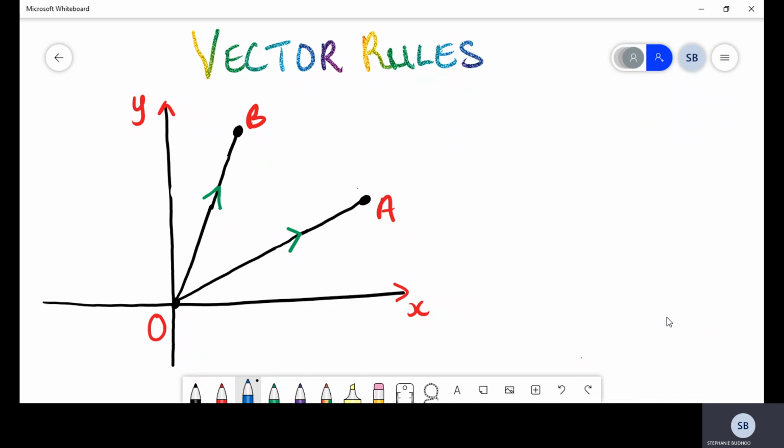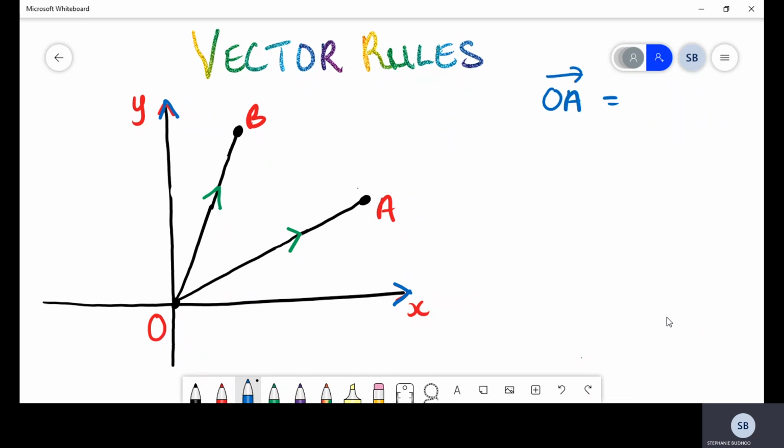On screen, I have a typical Cartesian plane. We have our lovely x-axis and our lovely y-axis. We also have two straight lines on there, and I am going to call my vector OA.